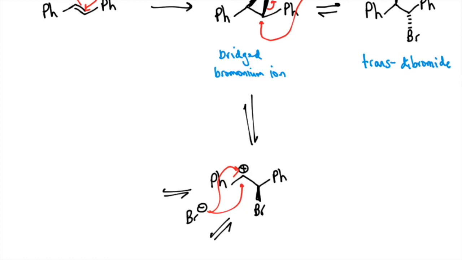And so the fact that we get only a single product tells us that this bridged bromonium ion does not open up to give us a carbocation. Right? So this is a feature of a lot of the reactions that we're going to come across in cycloaddition chemistry or addition reactions of alkenes, is that you don't get these carbocation intermediates that can then lead to what we call stereochemical scrambling of the products, or racemization.